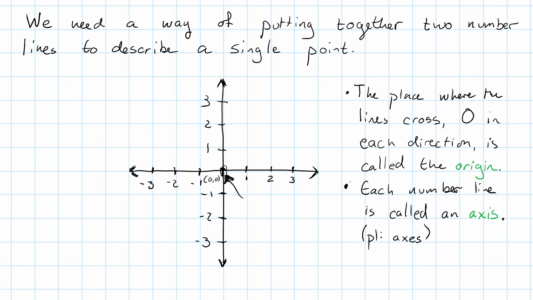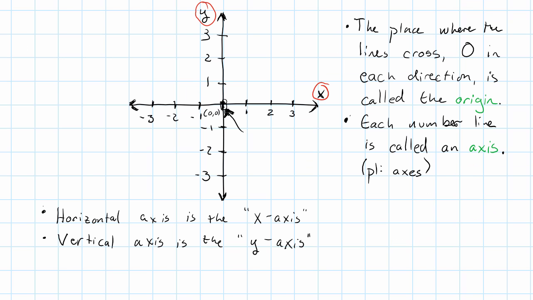If our variables are x and y, we say that the horizontal axis is the x-axis, and the vertical axis is the y-axis. And we label them with a little letter x near the right end of the x-axis, and a little letter y near the top end of the y-axis.